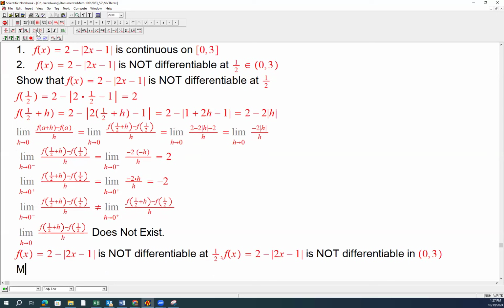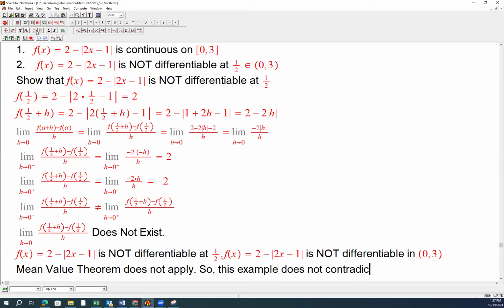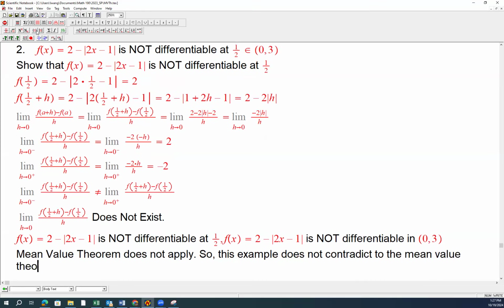And thus, mean value theorem does not apply. So this example does not contradict the mean value theorem. We're done.